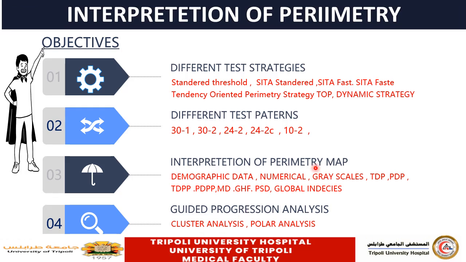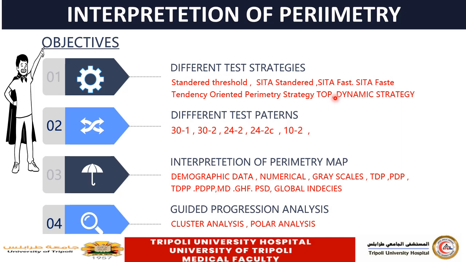Now we will come to the main aim of this lecture, and the main objective is to study the different test strategies. We have the standard threshold strategy and the theta standard, theta fast, theta faster, and also the Octopus strategies like tendency oriented perimetry and the dynamic strategy.